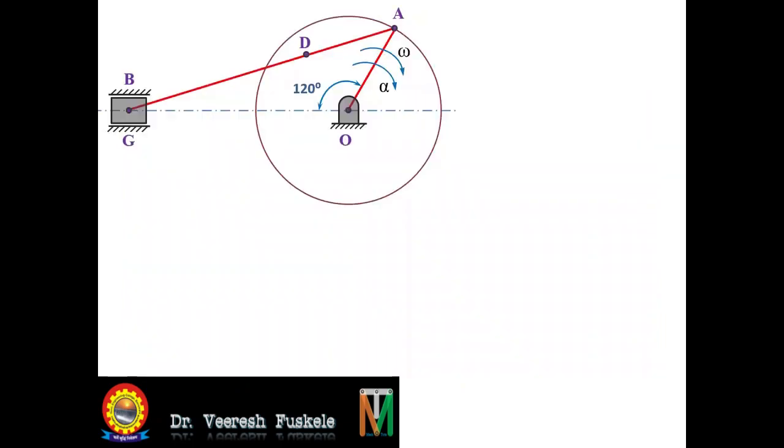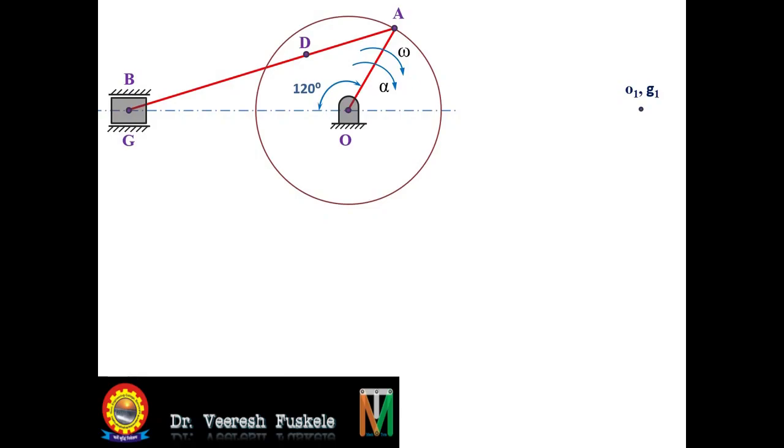Now we will draw the acceleration diagram. To draw the acceleration diagram, we will take a point, and the marking on that point will be all the fixed points of the mechanism. Here it is O and G. So the marking will be O1 and G1.